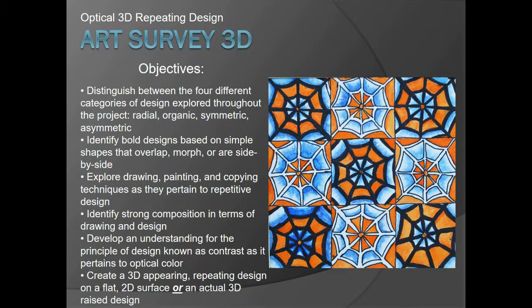We're going to know what it takes to create a strong composition through exploration, and we're going to know a little bit more about those elements and principles of design, especially line and shape, contrast, and pattern and repetition.